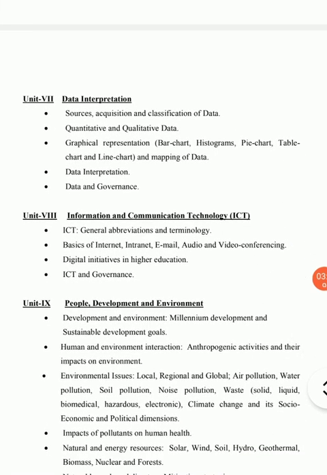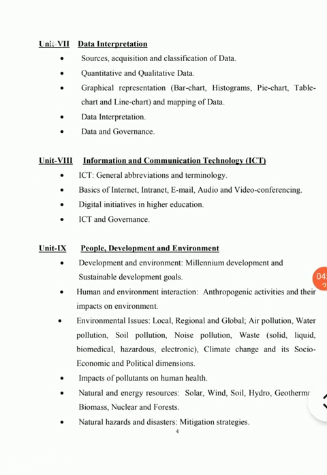Then unit 8 is information and communication technology. This is very easy; the basic things will be given. For ICT, we have to study general abbreviations and terminology, basics of the internet, email, audio and video conferencing, digital initiatives in higher education, ICT and governance. Unit 9 is people, development and environment.